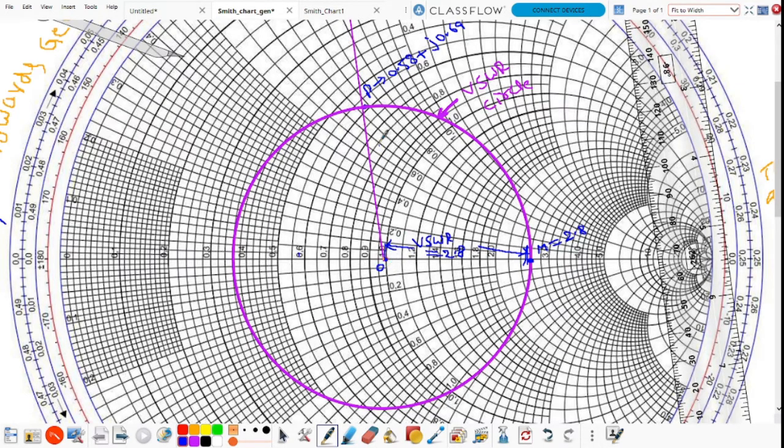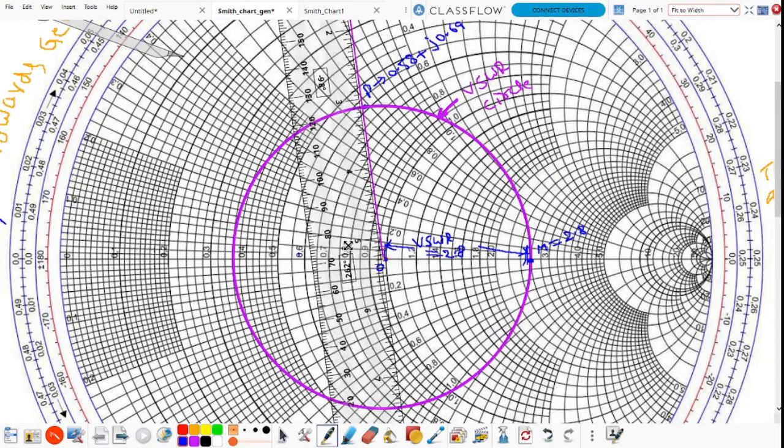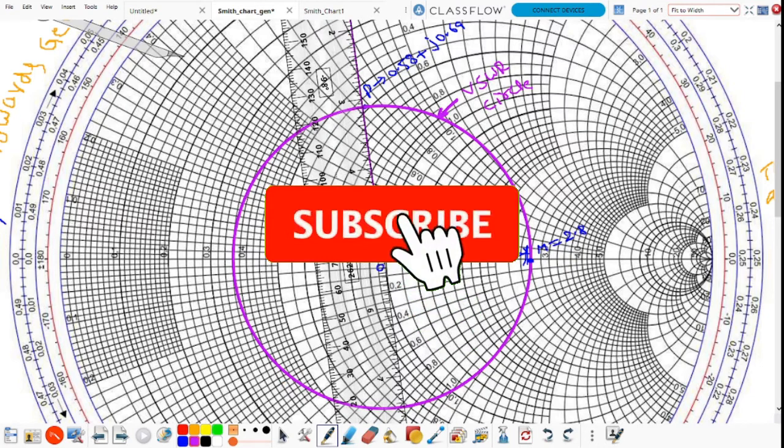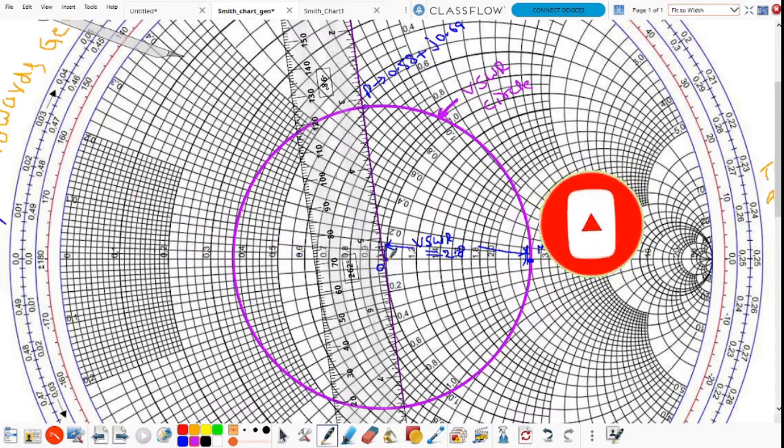So draw the line opposite to the point P, in the opposite direction, through the normalized load impedance.